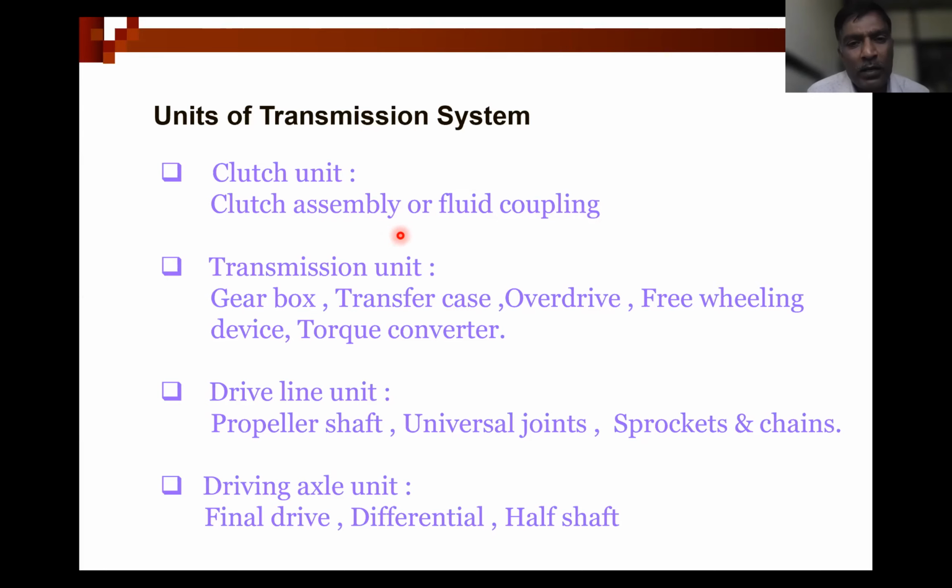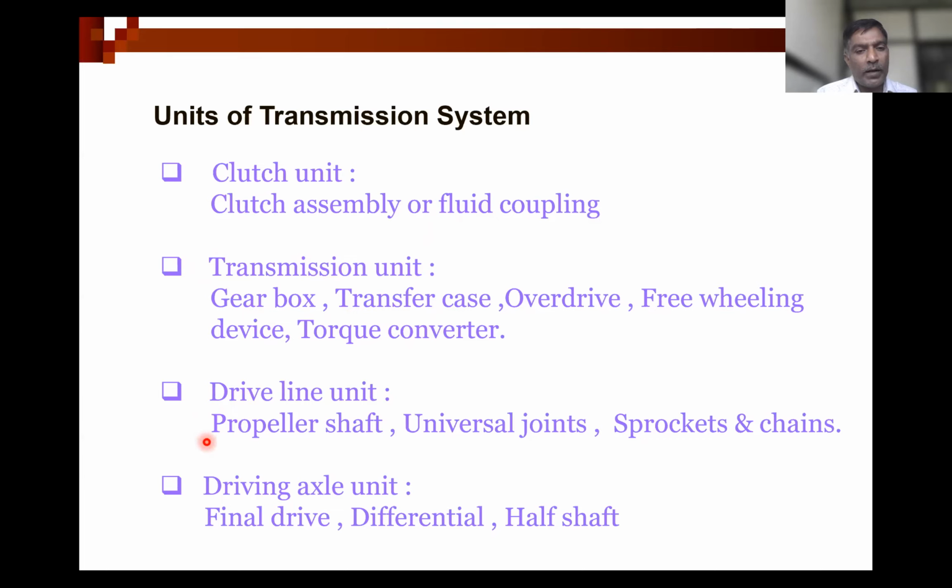Then clutch assembly or the fluid coupling. Then what are the parts of the transmission unit? So gearbox, transfer case, overdrive, freewheeling device, or the torque converter.